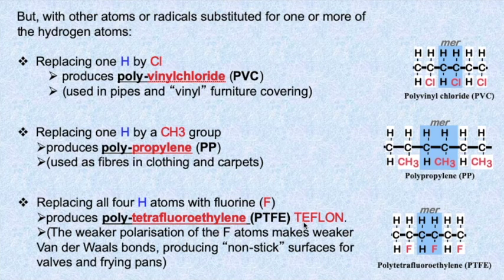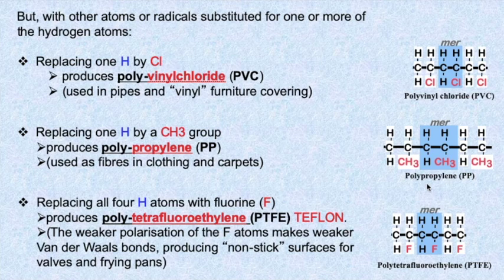Similarly, if you replace one hydrogen with fluorine, you get Teflon or polytetrafluoroethylene. Totally different polymer with different properties. Then this continues as a chain, next to a chain. That's what makes up a polymer, and they are all different in terms of properties.